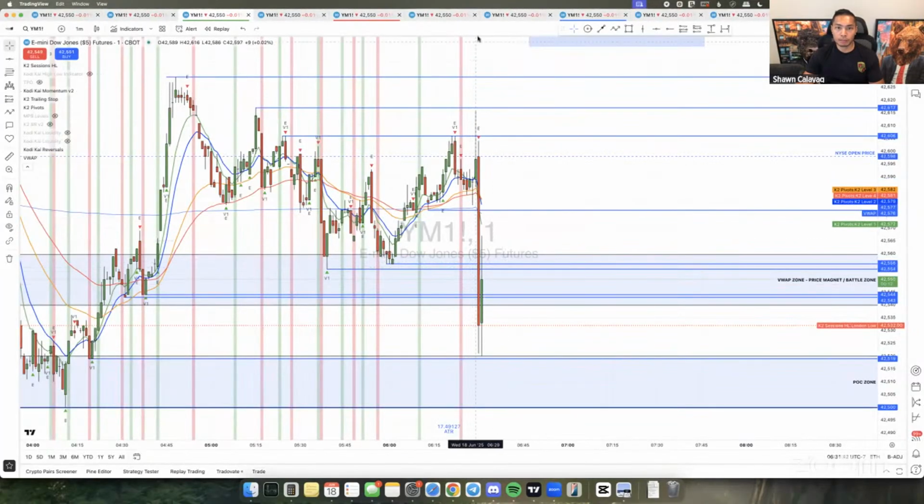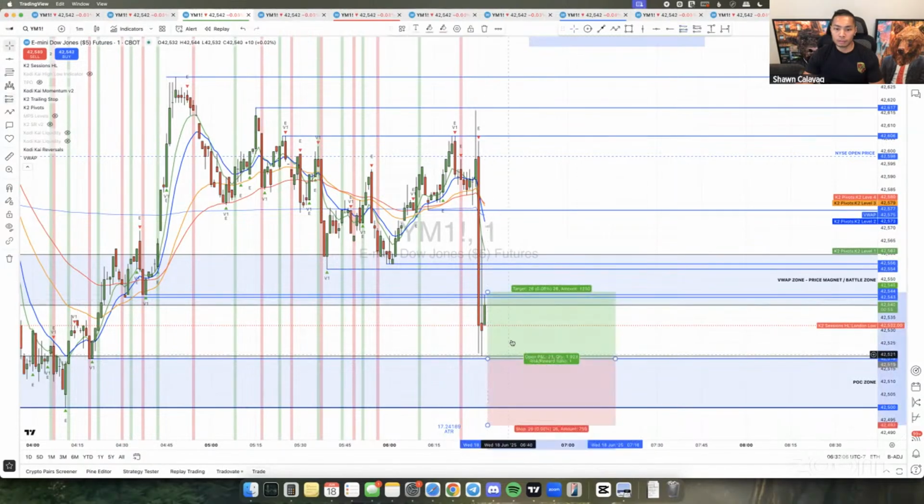All right, so breakout here. Price is pretty much bouncing right here off the sessions. We're getting a rejection right here off the sessions and the point of control zone. We talked about this earlier before market open. This is going to be a possible bounce area. I'm not really looking for, or I guess technically, possibly a liquidity sweep right here.